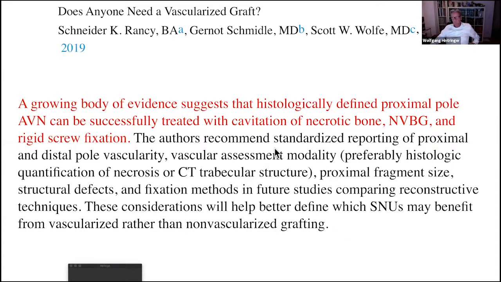What does it mean? That we have a lot of different non-unions which are all put together in different studies, and nobody knows which kind of fixation they did, which kind of vascularized bone graft they put in the hole, and whether they did good carpentry or bad carpentry, and there are such a lot of things which cannot be compared.